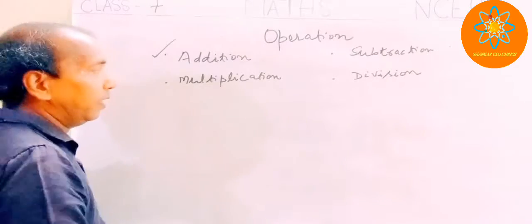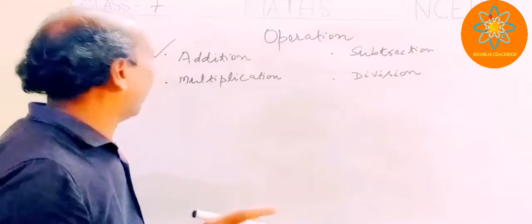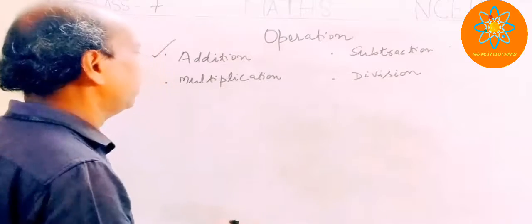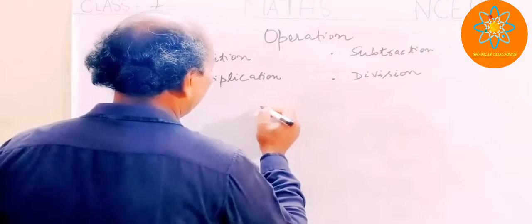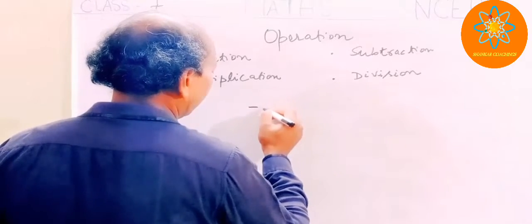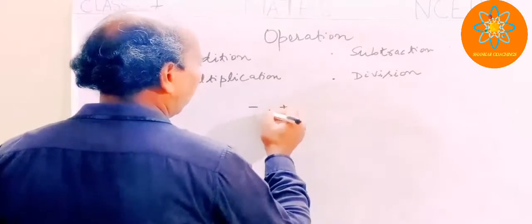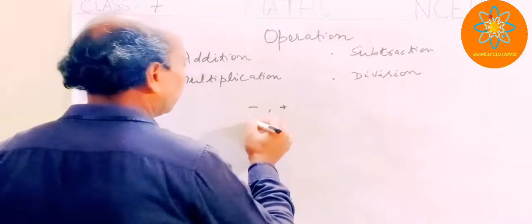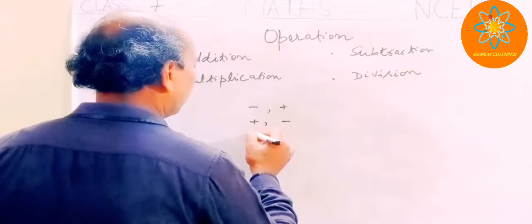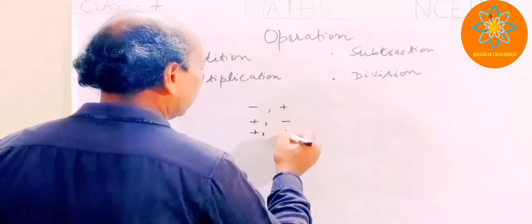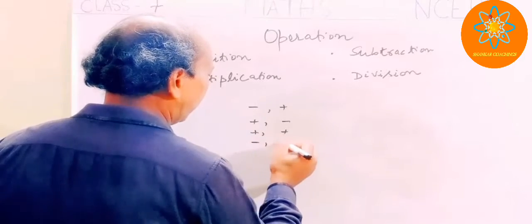See, there are 4 possibilities in the case of addition. Either the first number is negative and the other number is positive, or the first number is positive and the other number is negative, or the first number is positive and the other is positive, or one number is negative and the other is negative.